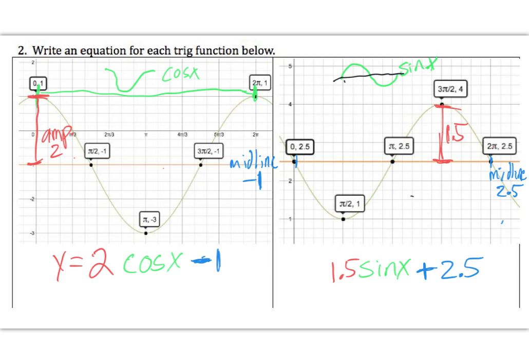The graph we have here starts going down and then goes up and then comes back down. This is flipped upside down of what sine of x would look like. So this is going to be negative 1.5 sine of x plus 2.5. I'd like to remind you that the transformations we talked about earlier this year and that you talked about in Algebra 2, a negative out front flips this thing vertically. So that's where that comes from.